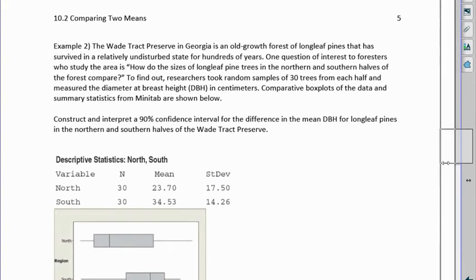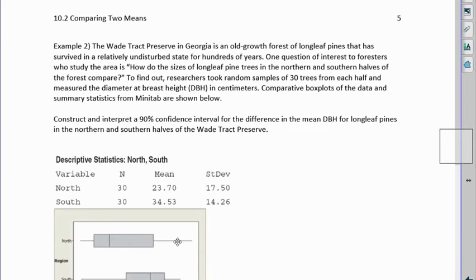I don't know what this square is. Okay, so now we're going to compare the means of these two tracts of land in the Wade Tract Preserve in Georgia, which is an old growth forest of longleaf pines, and it has survived in a relatively undisturbed state for hundreds of years.